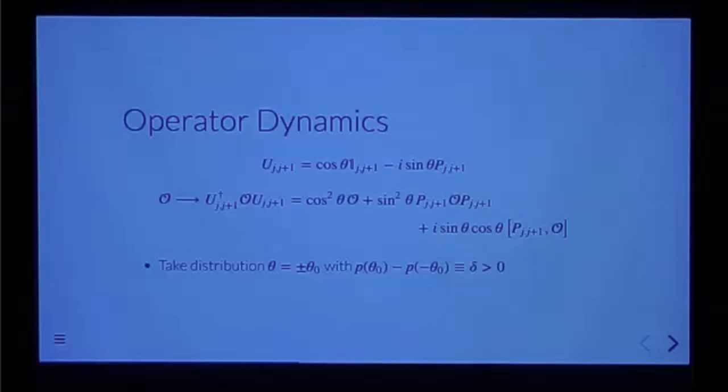Now, imagine that your thetas are random and take values plus or minus theta 0 randomly. Then you can see that that randomness is not going to affect the first two terms because they're even, but it will affect the last term, which is odd. If you bias that distribution, so you're a bit more likely to be plus theta than minus theta, then the last term will survive, but it will be small in that bias.